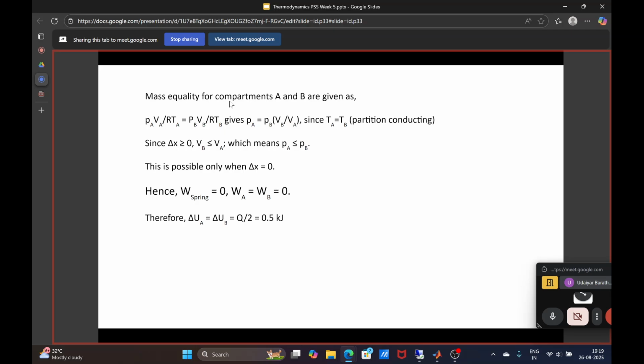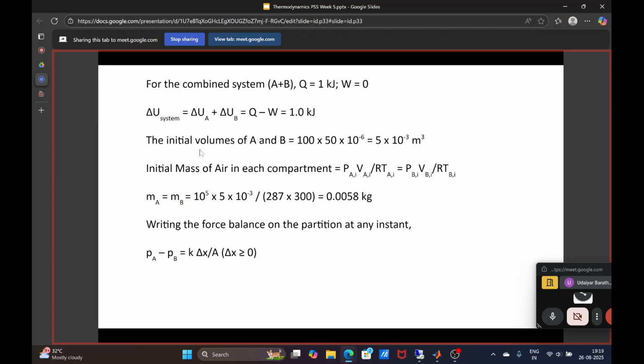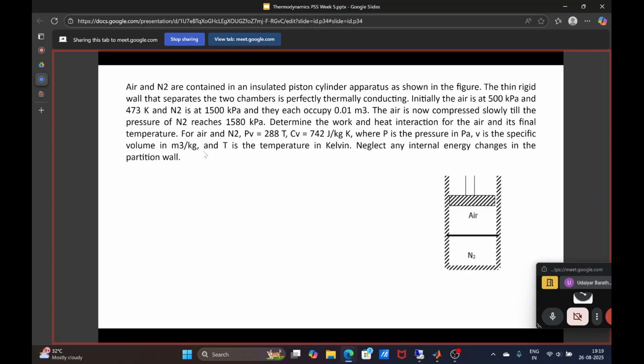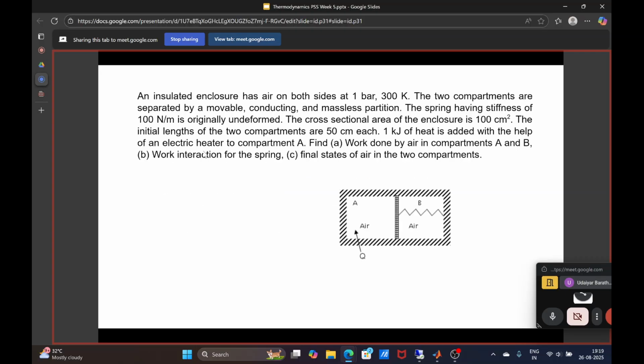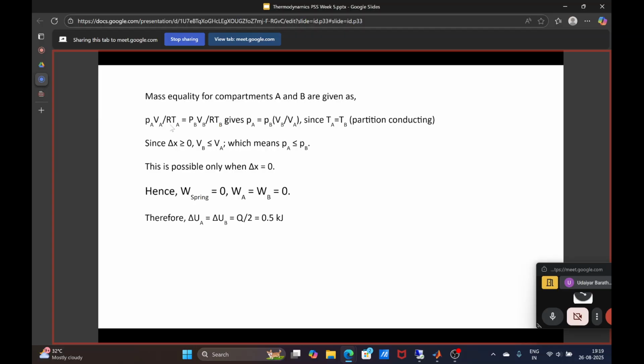Now we have the mass balance. The mass present in A and B will be the same initially, and finally it will also remain the same. There will be no change. So PAVA by RTA equals PBVB by RTB, which gives PA equals PB times VB by VA. Assuming TA and TB are the same, because the partition is conducting, both compartments will reach the same temperature if we give it enough time.